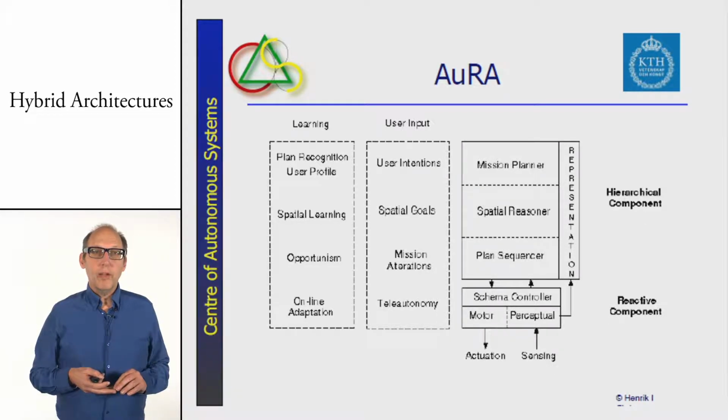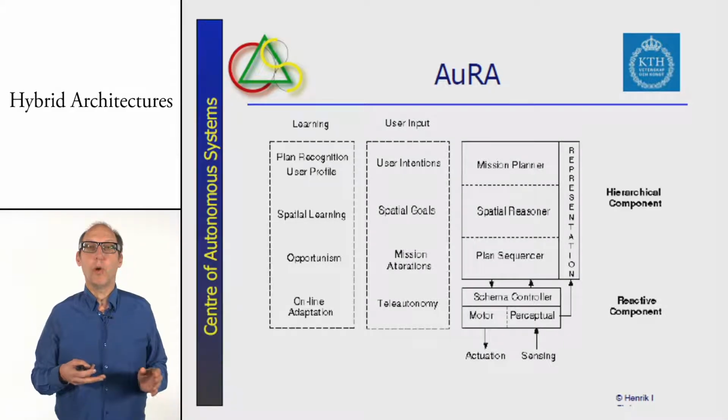On the left side, you have the learning part, where they recognize precisely what all the plans are that the user wants the robot to fulfill, and what can be learned from that. It also sees what different opportunities there are, if shortcuts are possible, and based on that you can do some online adaptation.